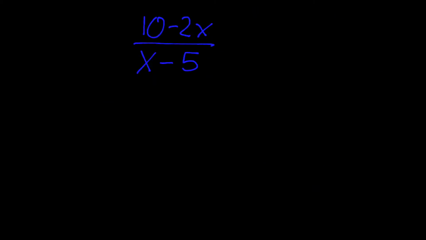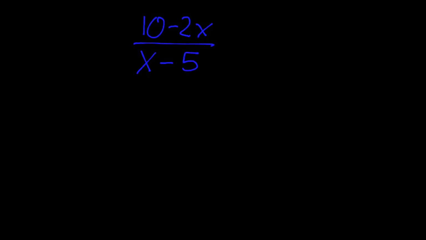Here we have 10 minus 2x all over x minus 5. And let's pretend that we didn't watch that first example and we decide that we don't need to factor out a negative 1, or we don't even know that a negative 1 could be a possibility. What can I factor out of the top as it is right now? I've got a 10 and I've got a 2x. What can I factor out of both of those to factor the top?